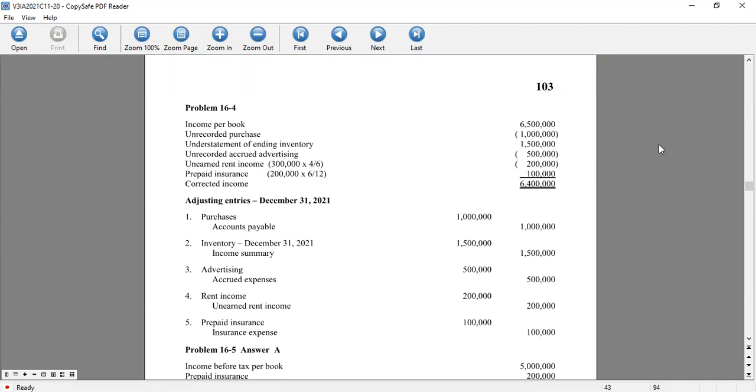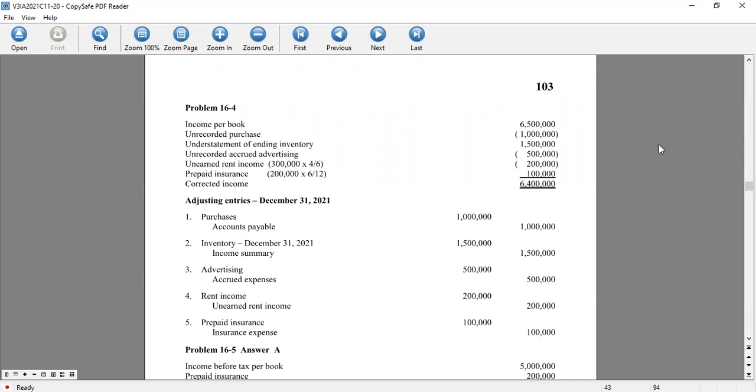Then for the unrecorded accrued advertising, since advertising on December 31, 2021 amounting to 500,000 was recorded when payment was made on January. So we have now the amount of unrecorded accrued advertising in the amount of 500,000.